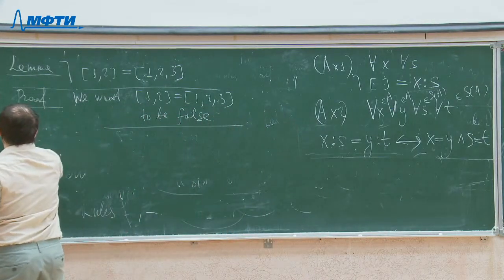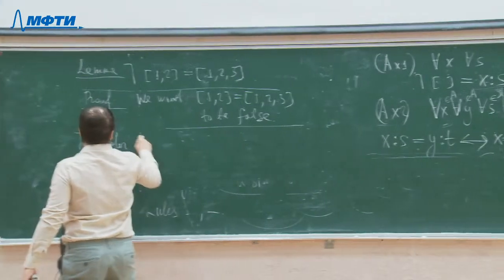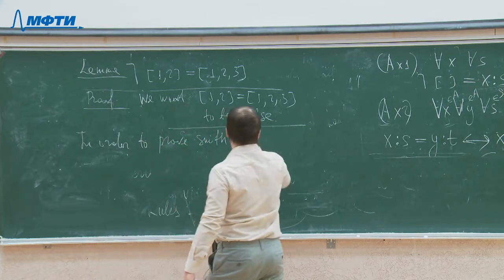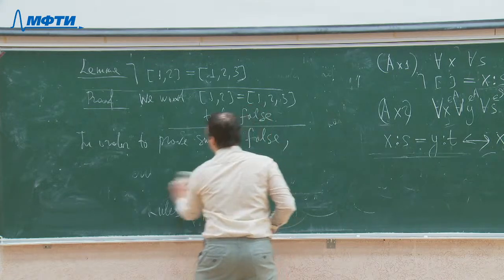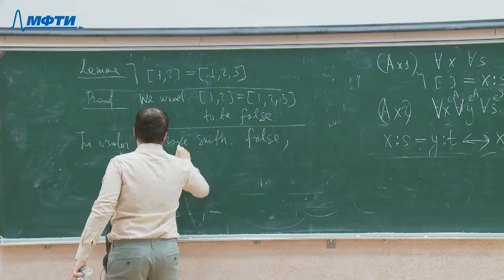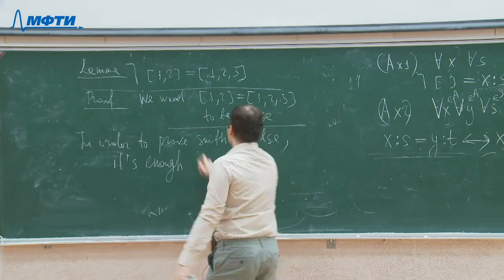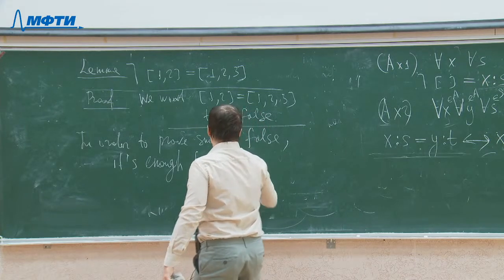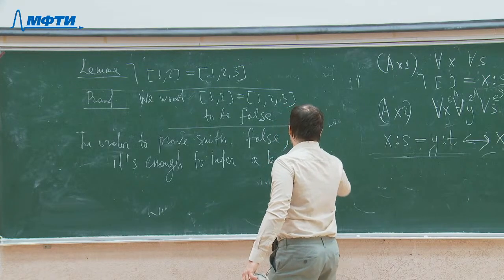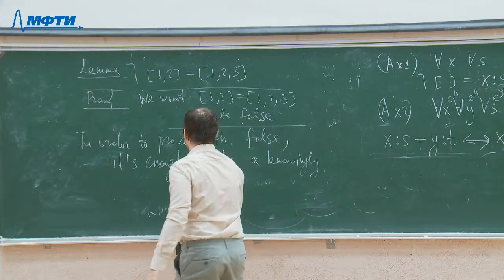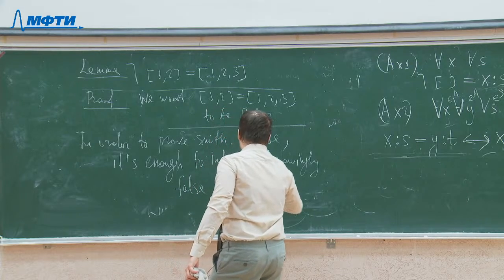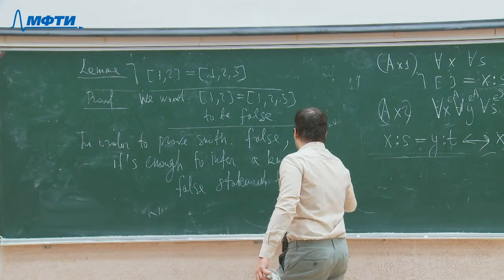In order to prove something false, it's enough to infer a knowingly false statement from it.